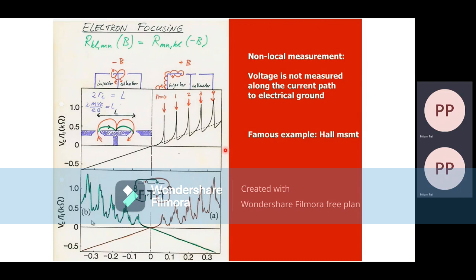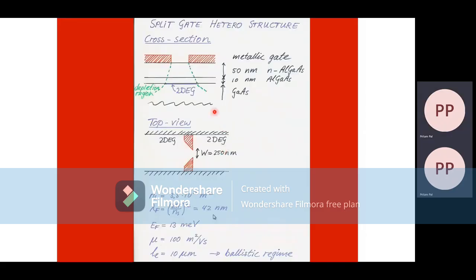Originally it's been resolved, focusing and so on. But for most of the rest of the lecture here, we'll focus on the quantum effects related to ballistic transport, and we'll consider the simplest situation, where transport goes through a one-dimensional constriction in the same material system, a two-dimensional electron gas made of gallium arsenide, aluminum gallium arsenide.